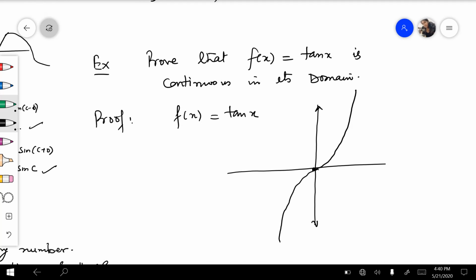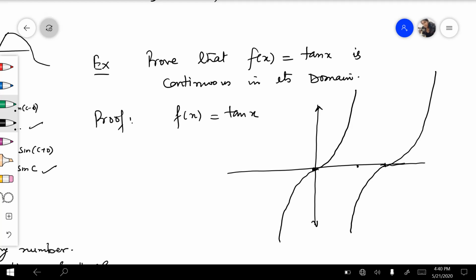Now again, between pi by 2 and pi it is tending towards minus infinity, and between pi and 3 pi by 2 it is tending towards positive infinity, and so on. You can plot its various branches. At pi by 2 it is not defined.